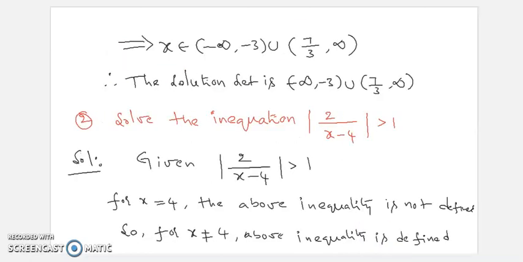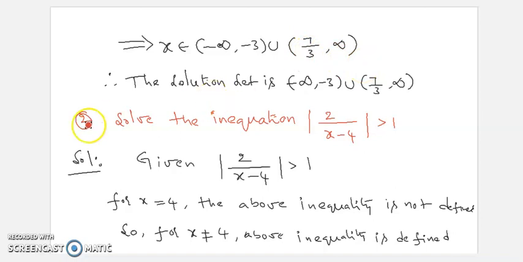So coming to the simplification, x belongs to the open interval minus infinity comma minus 3 union the open interval 7 by 3 comma infinity. Therefore the solution set is the open interval minus infinity comma minus 3 union the open interval 7 by 3 comma infinity.